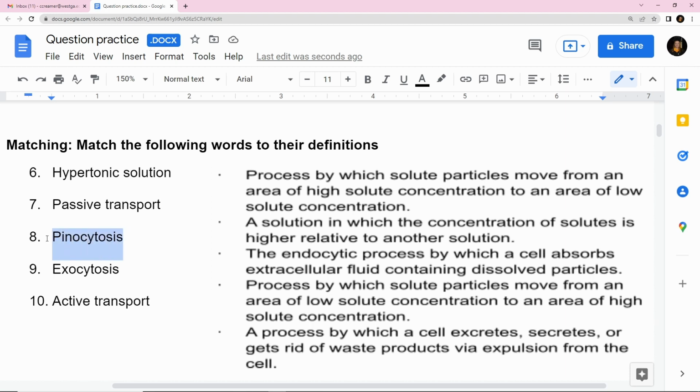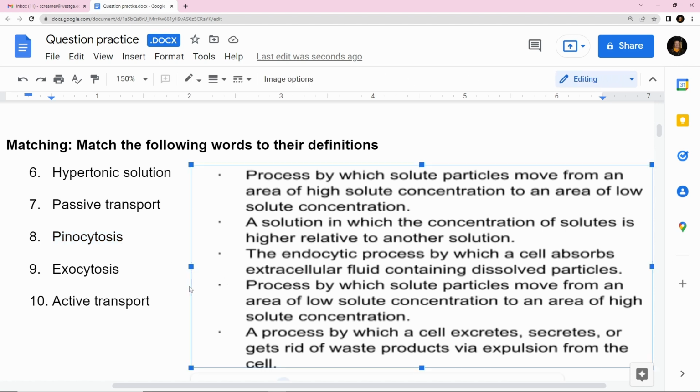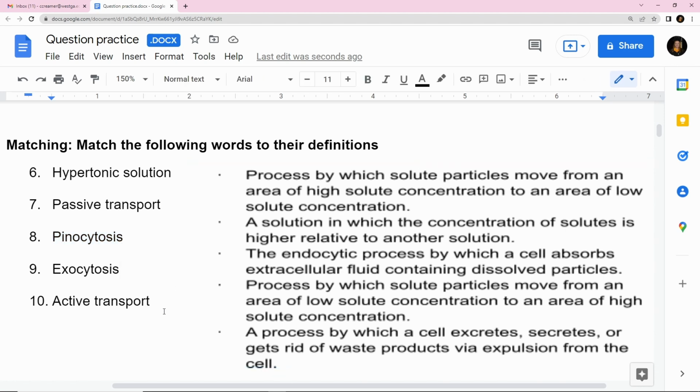Correct answer is pinocytosis. The process by which solute particles move from an area of low solute concentration to an area of high solute concentration. What term best matches that definition? Correct answer there is active transport.